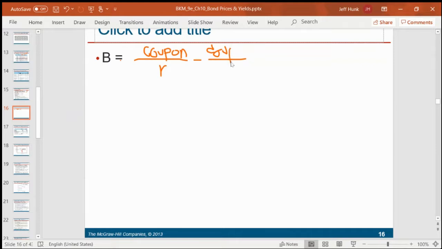Please bear with me. I'm not writing it, it's actually drawing it with the mouse. It's very difficult.